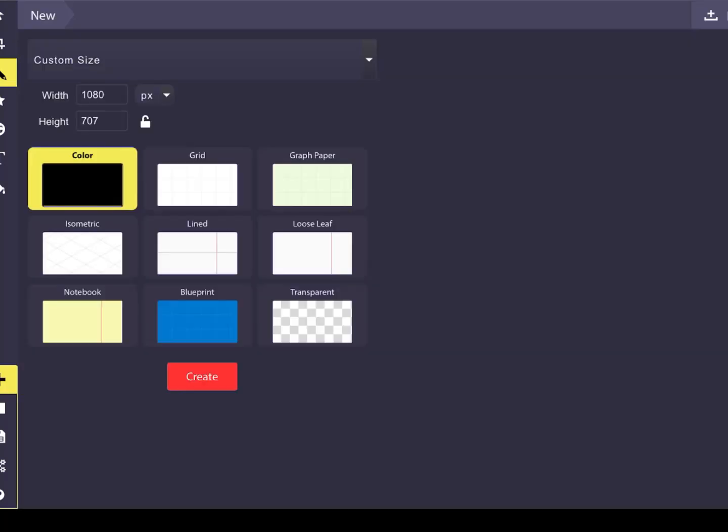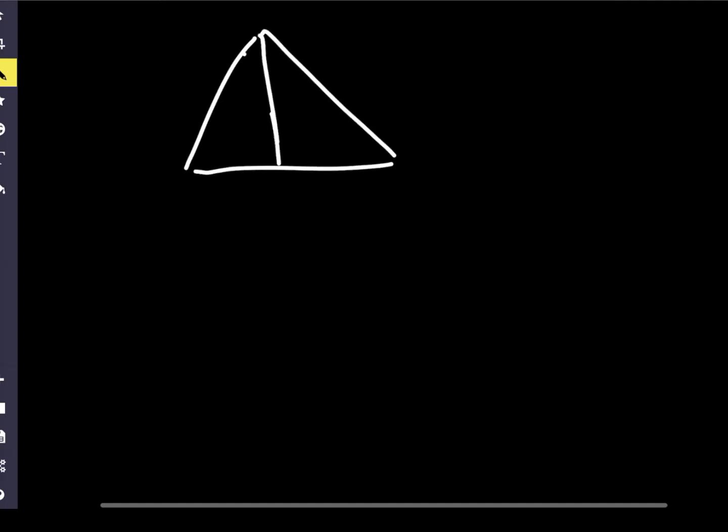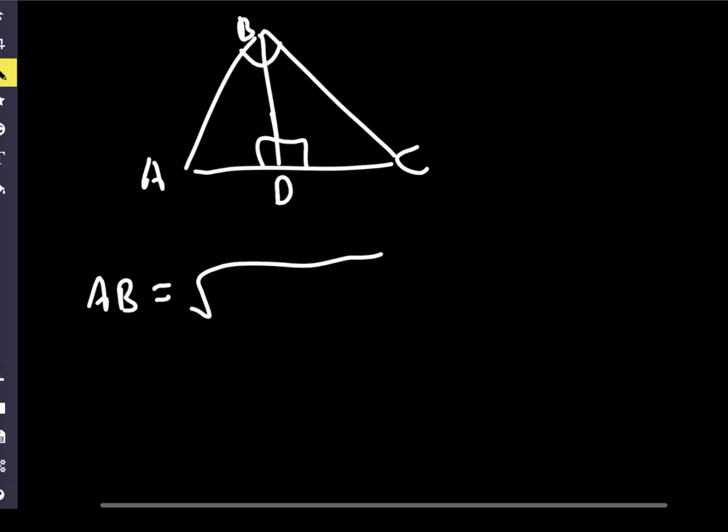So what we learned is that if we have a triangle like this, and let's call the vertices A, B, C, and let's call this point D. The length of AB equals the geometric mean of AC times AD.